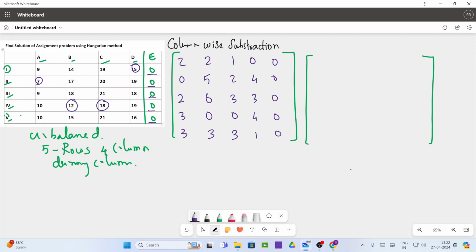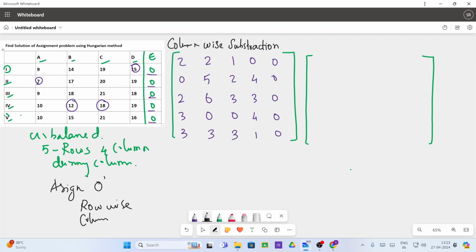In the assignment, you can assign only zeros. You have to start row-wise first, and once you finish the row-wise, you get into the column-wise.